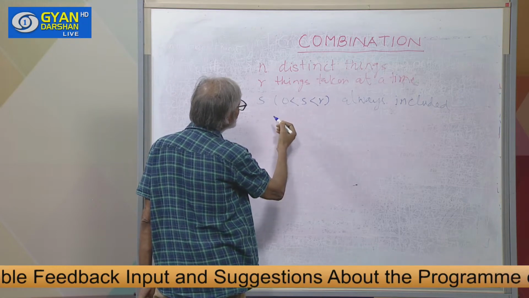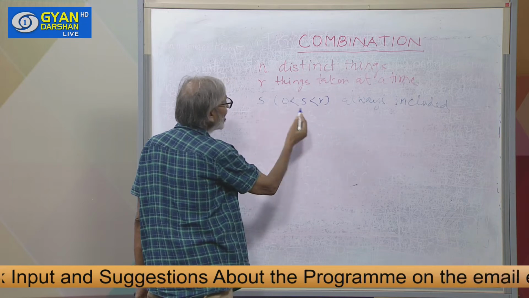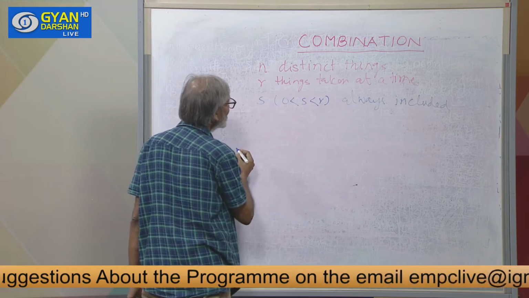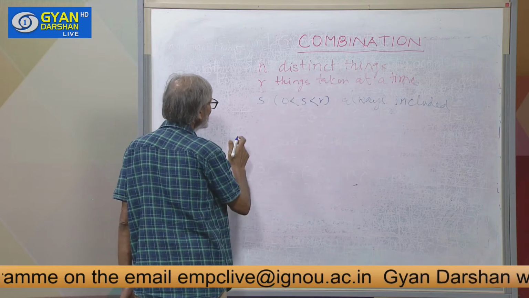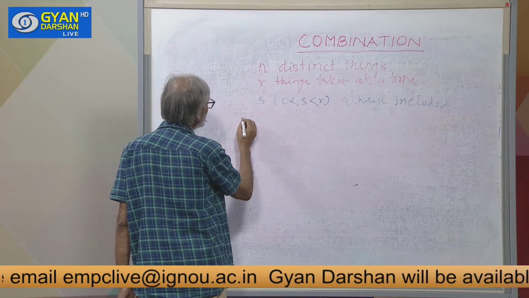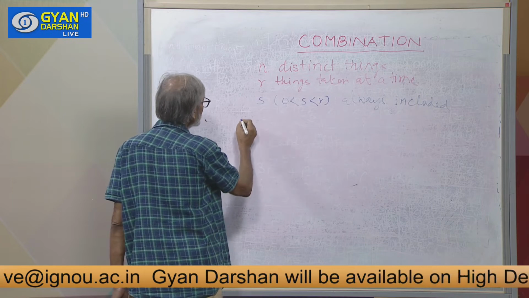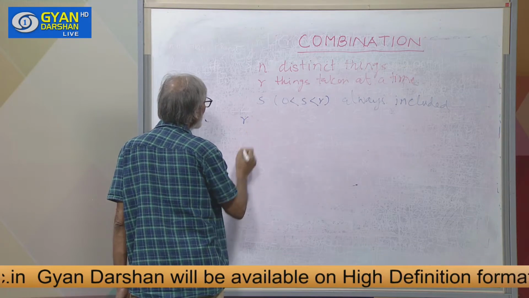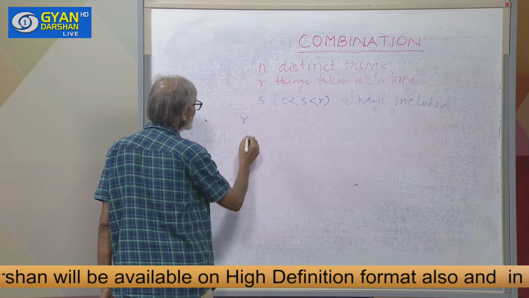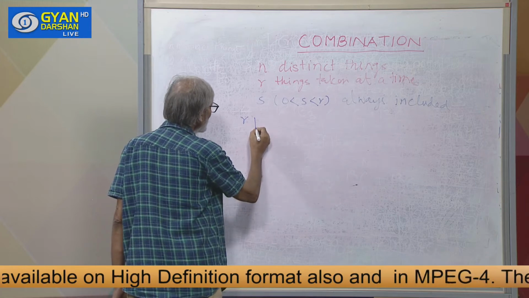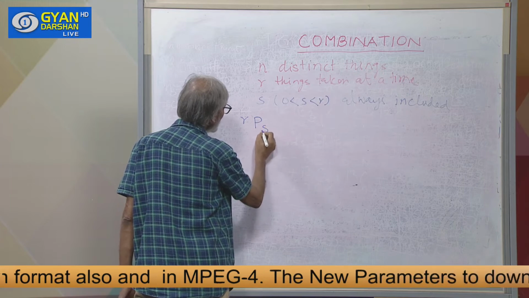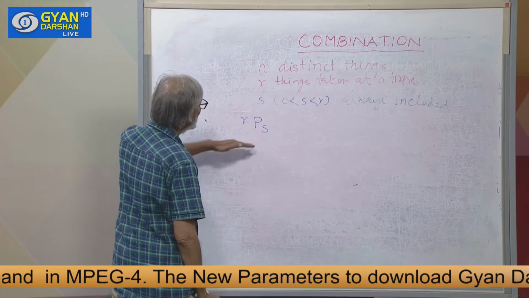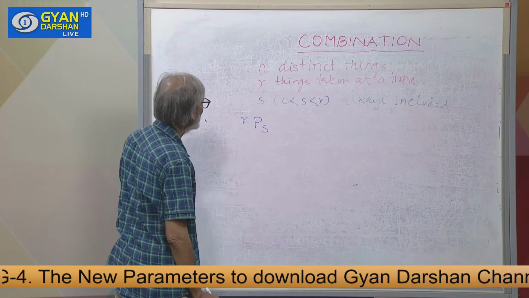Since s things are to be necessarily selected, we will select first these s things, and there are r total number of things selected. So, r positions are there. In r places we can put s things in how many number of ways, that is rPs.